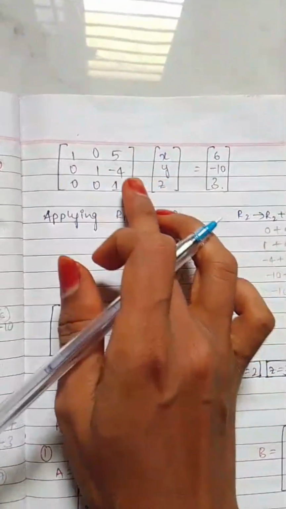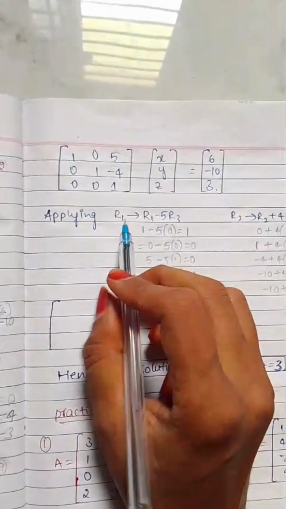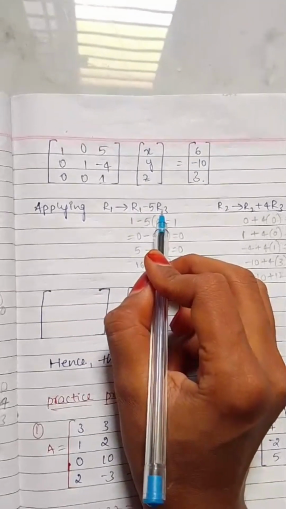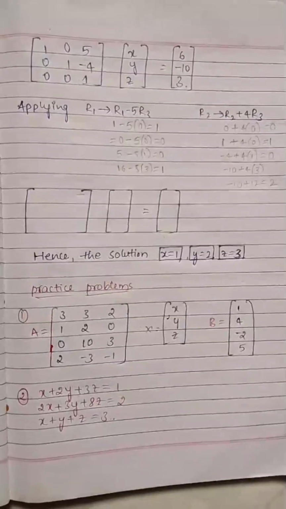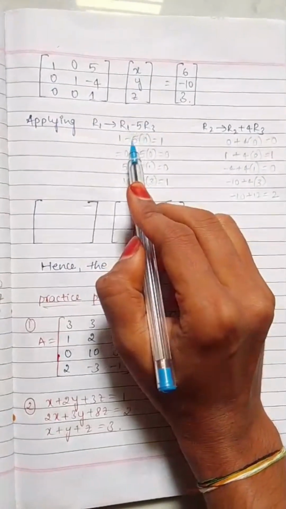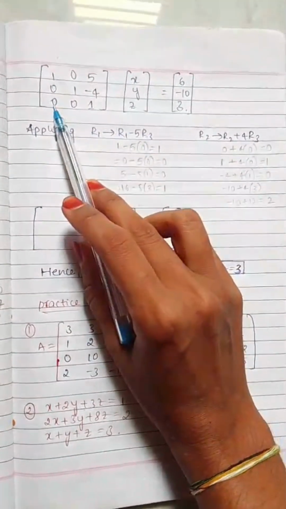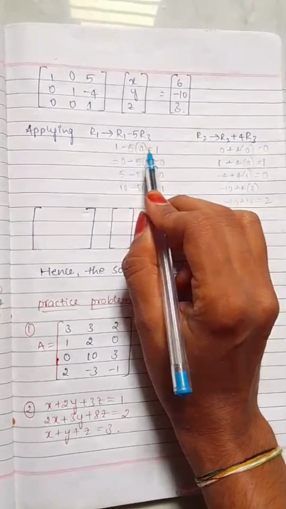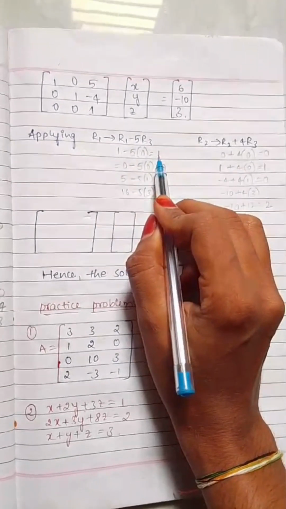Again I have to simplify this by applying R1 to R1 minus 5 R3. Here R1 is 1 minus 5 into R3 is 0. 1 minus 5 into 0, that is 0, that I will get 1.